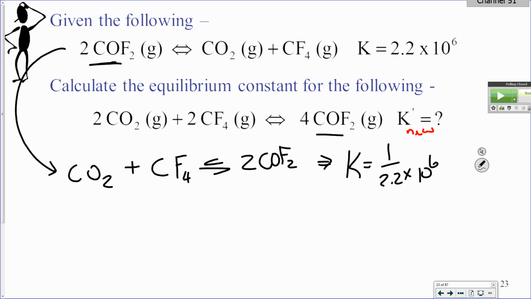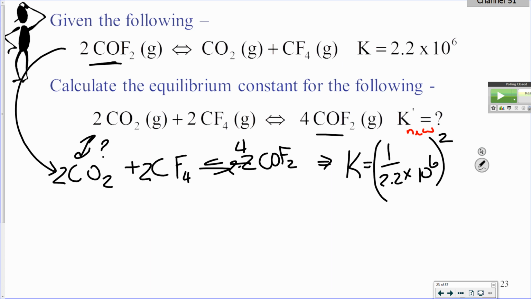But does that equal the system that I need? Are these two things equal to one another? What's the difference? What does it need? Okay. Needs another one of them. So instead of just having one of these, I need to multiply everything by 2. So if I multiply everything by 2, this was a 2, it's going to become 4. Now everything equals, so I need to take this and square it.